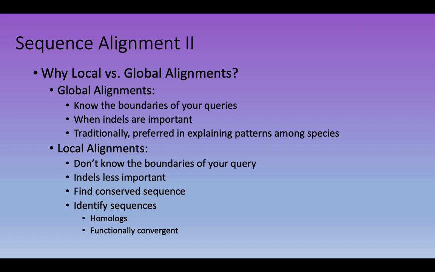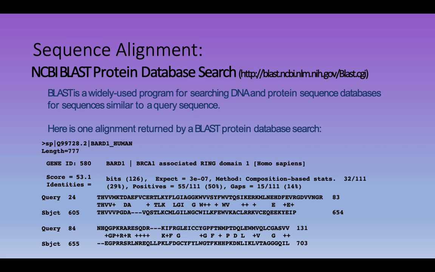This is a very important process for finding conserved sequences, so sequences that have been conserved among different species, likely because of some sort of shared ancestry or homology, or that are functionally convergent or functionally similar to each other. Again, BLAST is going to be using a local alignment approach to do this.